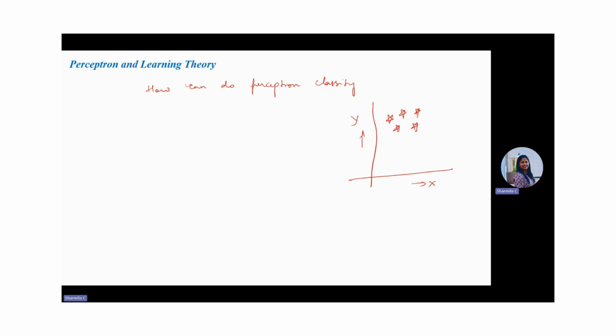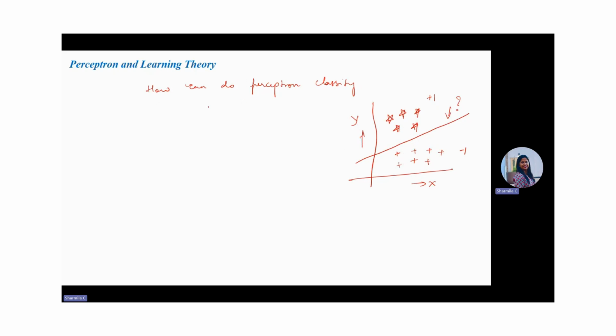One is something like plus, which I'll consider as +1, and the other class with a different class label, something like this one, -1. Now, the function that is going to divide this class from this class is what we need to identify. So I need to identify this linear function that is going to divide this set of class from this set of class. So this is how the perceptron classifies.